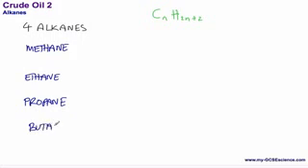Okay, and you need to know these particular names and what their structures look like. So if I tell you the number of carbon atoms for each, have a go at writing the formula, and then you can pause and check your answers.